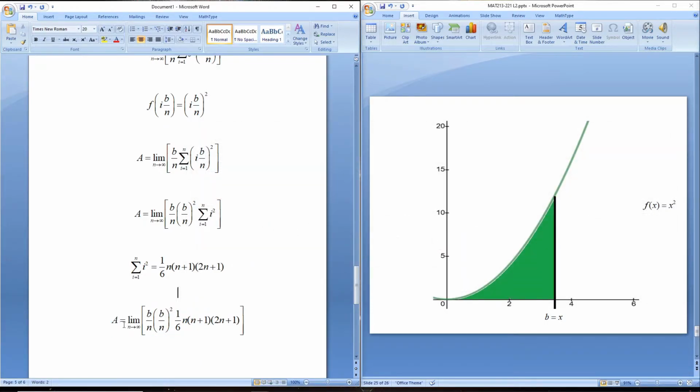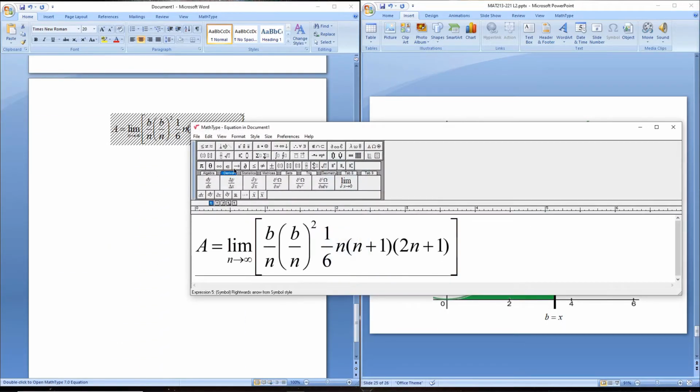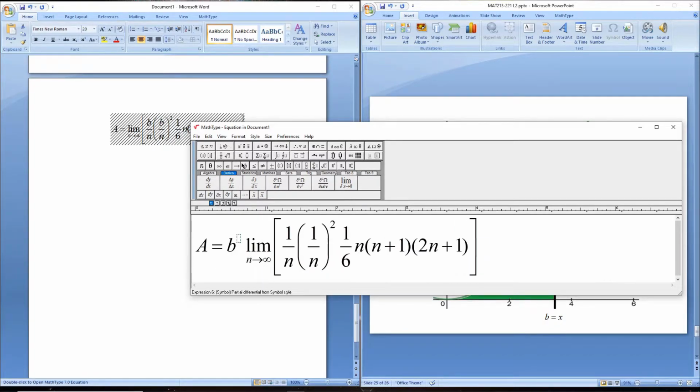So here's the limit we need to figure out. And we need to clean it up a little bit. So first of all, in the numerator here, we have b times b squared, which is b cubed. And that's constant. Remember, if it's constant, we can pull it outside the limit. So we can pull a b cubed out of the limit.